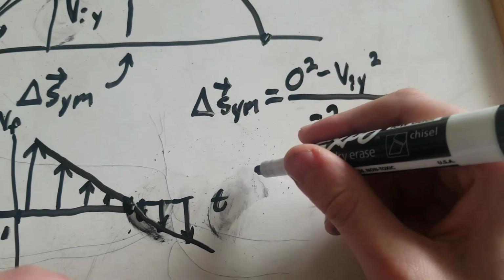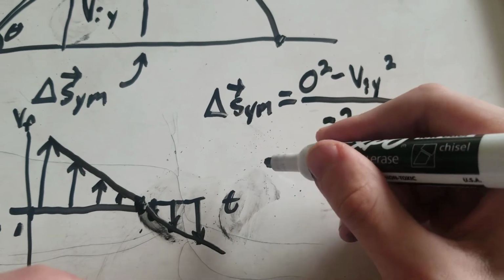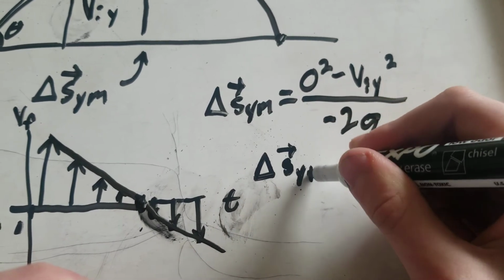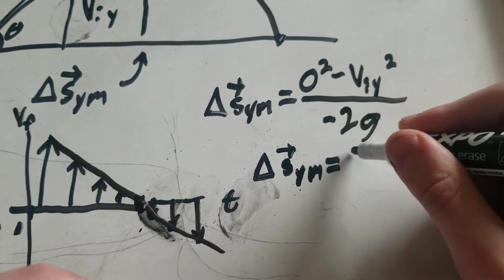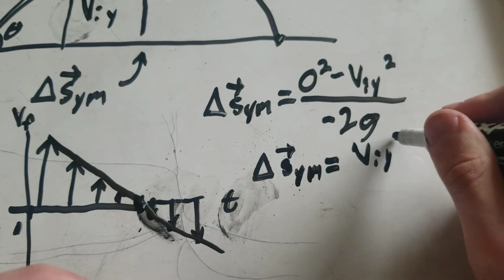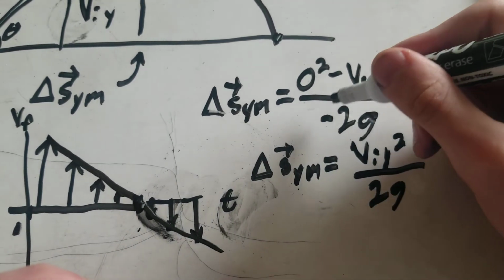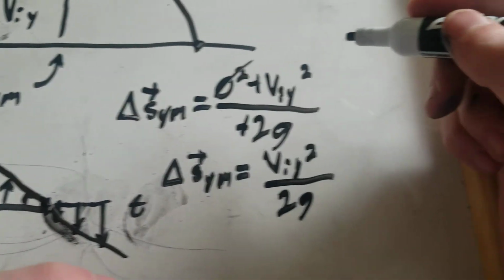So now we can simplify this a little bit. Now we have v_iy squared all over 2g, because these turn into a positive and 0 goes away.